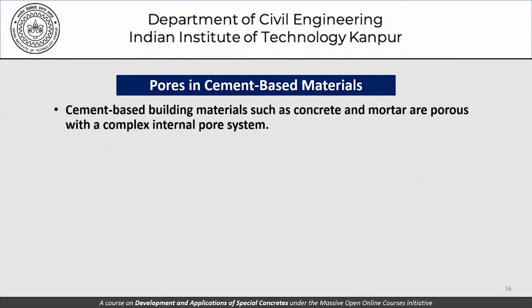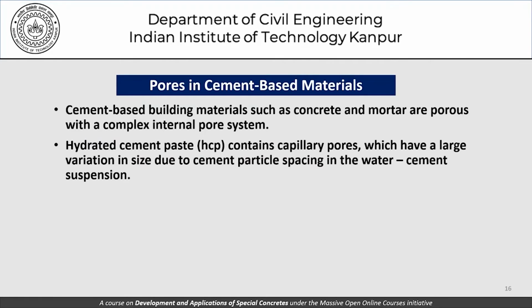As far as some comments on the pores in cement-based materials, let's try to summarize our understanding. Cement-based building materials such as concrete and mortars are porous with a complex internal pore system. Hydrated cement paste, HCP, contains capillary pores which have a large variation in size due to the cement particle spacing in the water and cement suspension.